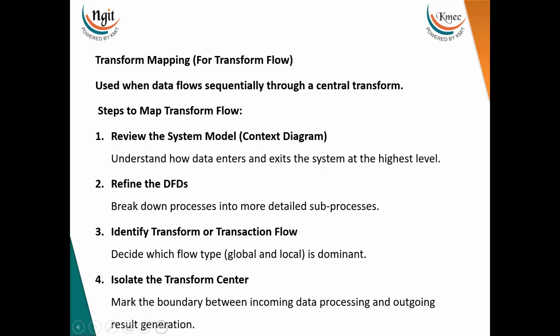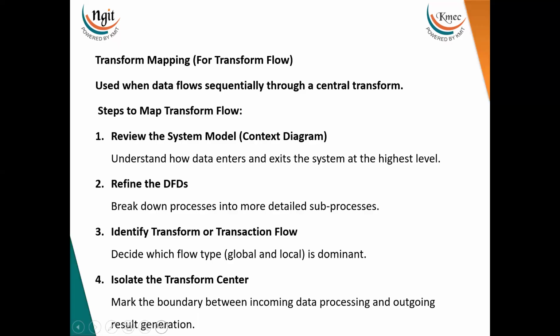That is, we review the fundamental system model, or the context diagram. When I say context diagram, it can be a level 0 DFD, which depicts an operation, in the sense a function, as a single transformation representing the external producers and consumers of data that flow into and out of the function.